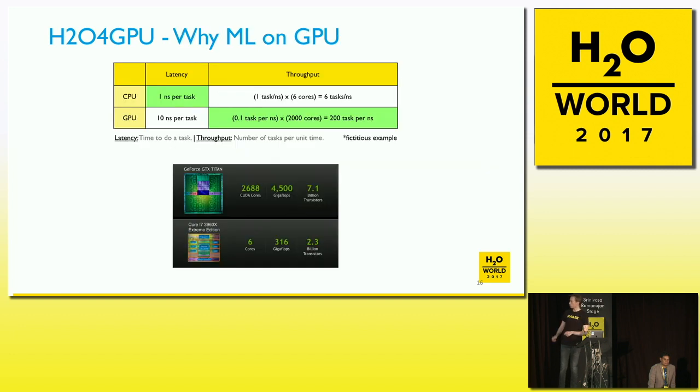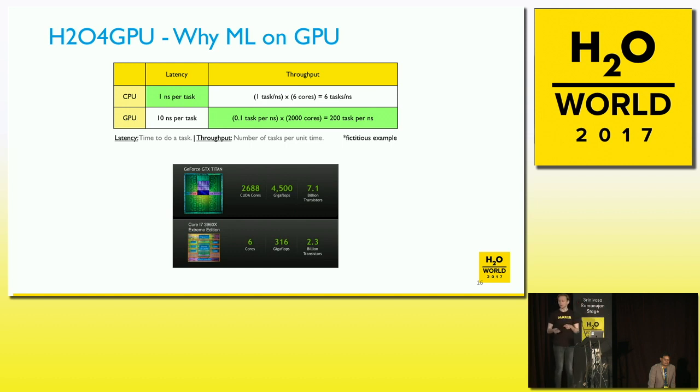One thing people ask us is, why GPUs? Again, as Ashish mentioned, it's all because of latency and throughput. CPUs are really good at latency, which means that if you have only a few tasks to perform, but all of those tasks are computationally expensive and long, most probably CPUs will be better because they can do them faster.